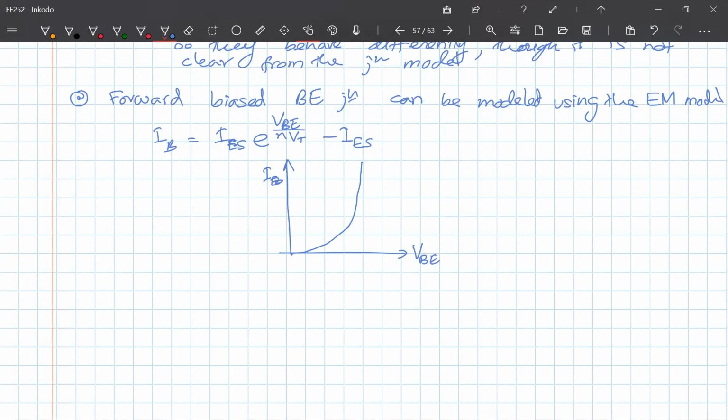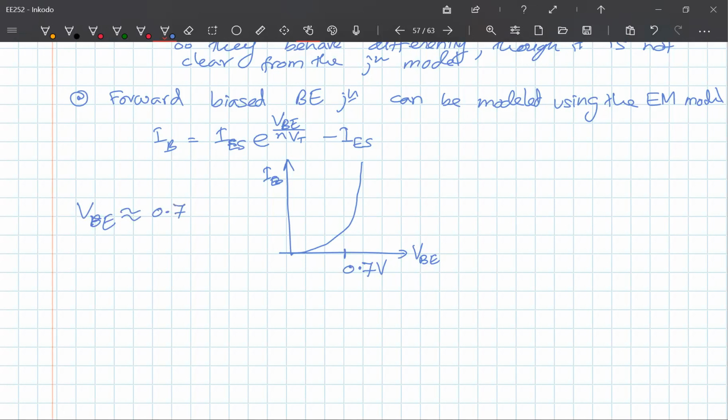For base emitter voltage greater than about 0.7, this does not change much. So therefore, we can approximate this base emitter voltage. The relationship between IB and VBE can be reduced to VBE approximately equal to 0.7.